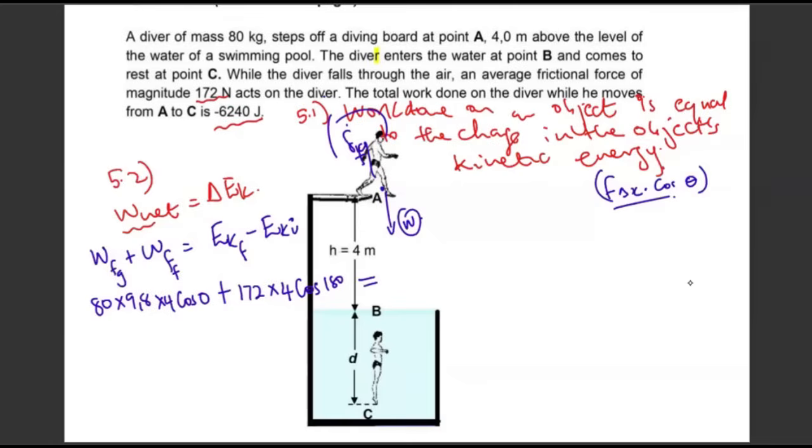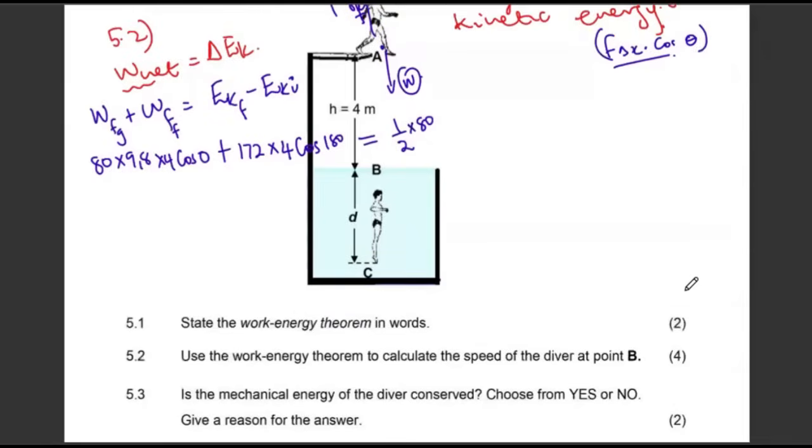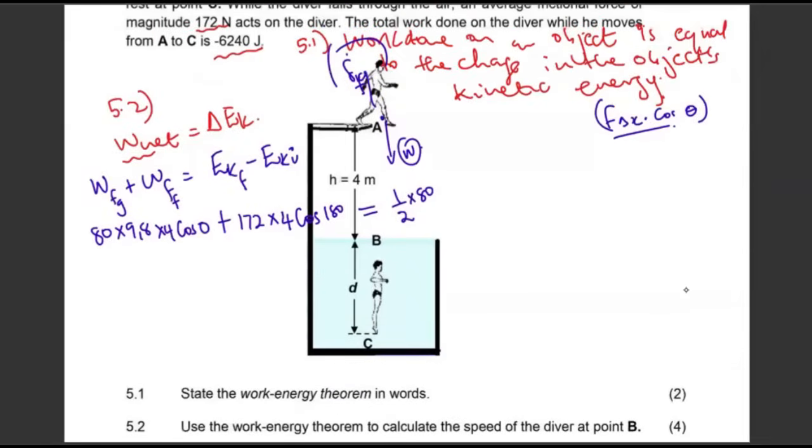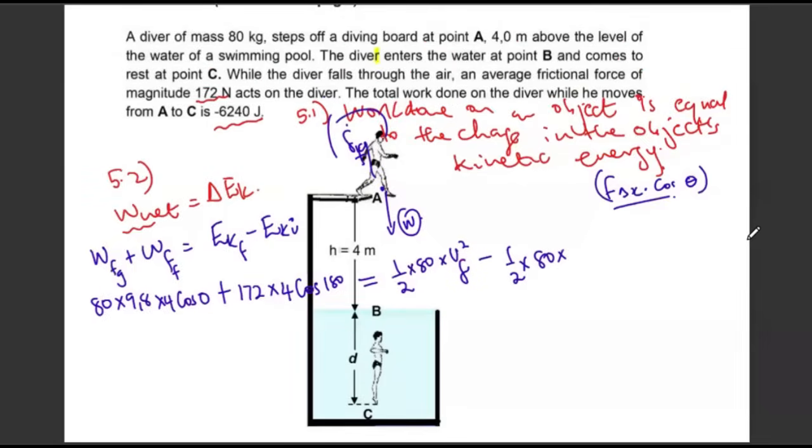So that is equal to the half mass, which is 80. We're looking for the velocity. Is that correct? Yes. So V final squared minus a half times 80, the initial velocity with which he jumps. Are we going to take it to be a 0?